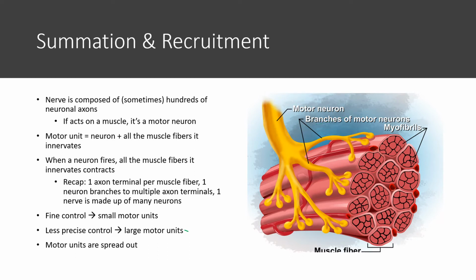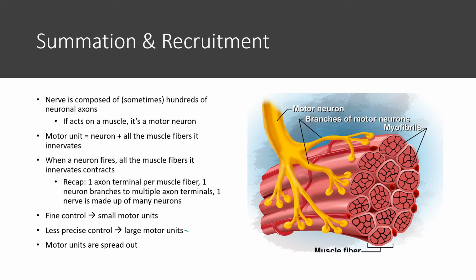A neuron will branch. One of those within a nerve is going to branch to a lot of different axon terminals. And each axon terminal is going to have its own muscle fiber, or at least its own segment of the muscle fiber, where it used to be a cell in development.